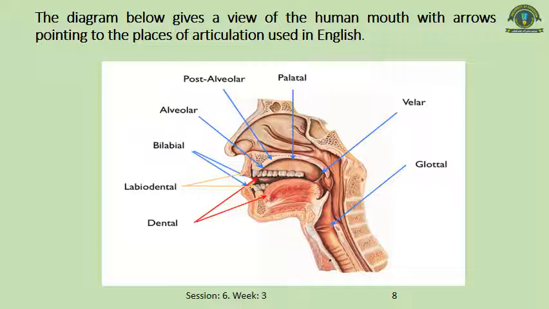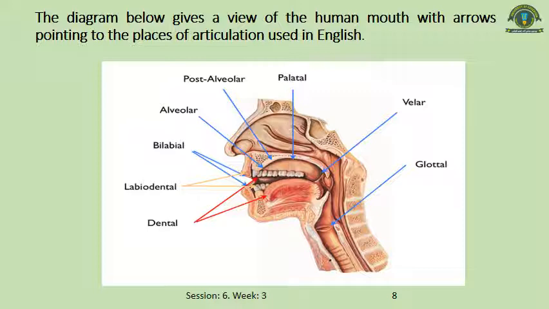So when we talk about those places, you can see that it is in fact a view of the human mouth inside, and what you call those places. I have just talked about them in the previous slide. Starting from your left side, you can see dental. What are the areas that fall under this heading? That is called dental.